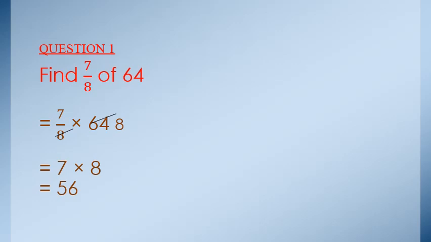So 8 ones are 8 and 8 eights are 64. Now in the numerator, 7 and 8, only two terms are left. So we'll multiply both the terms because multiply sign is already there, and our answer will be 7 eights are 56. In this manner we can reduce this expression 7 upon 8 of 64.